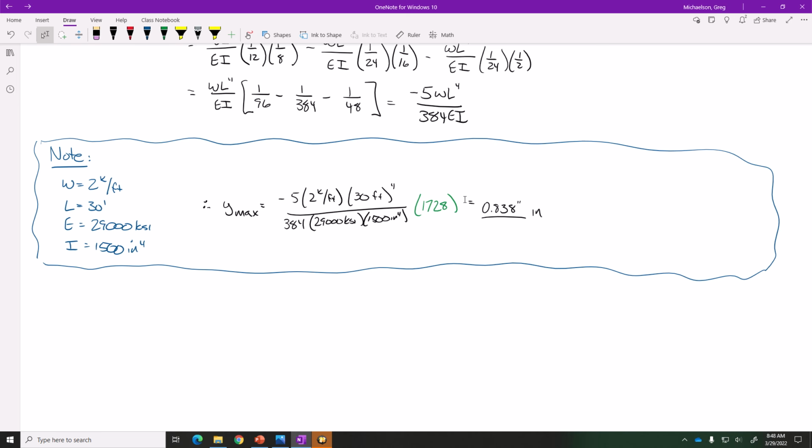If you do that, I'll go ahead and tell you, after computations, y prime max is 0.427 degrees. You ought to try that out. It's not hard. All right, any questions?